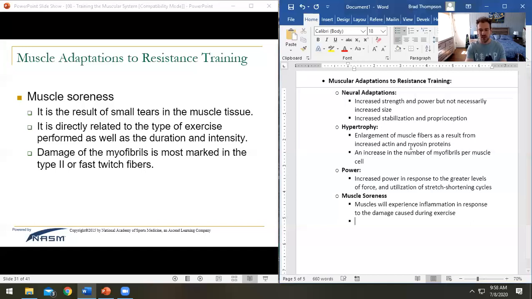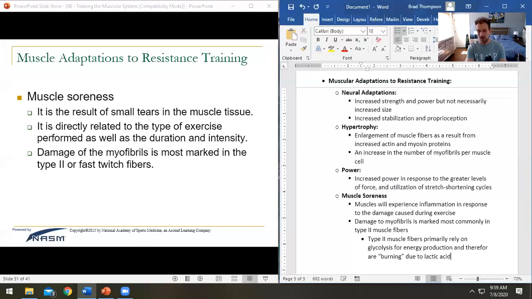And so damage to myofibrils is marked most commonly in type 2 muscle fibers, right? And the reason for that is type 2 muscle fibers primarily rely on glycolysis for energy production and therefore are burning due to lactic acid buildup.